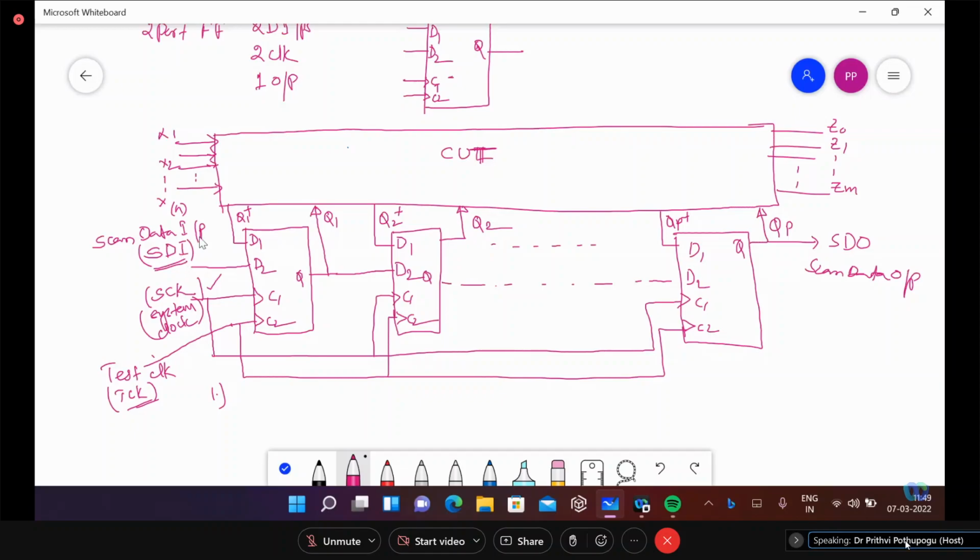This updation will make the system ready for the next scan data to be applied. Until all the bits are tested, you will be flipping between the test clock and the system clock. First one is with the test clock to apply the scan data input, and second, the system clock is to update the status of the circuit response for the input versus scan data input combination.